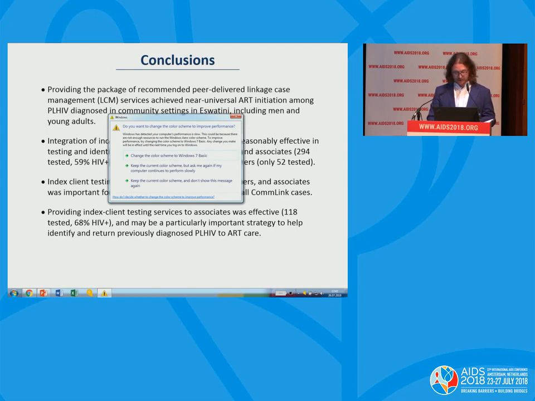Index client testing that targets partners, family members, and associates was important for case finding. Like I said, it accounted for 28% of all Commlink cases in that phase. And finally, providing index client testing services to associates was effective and may be a particularly important strategy to help identify and return previously diagnosed PL-HIV back into HIV care.